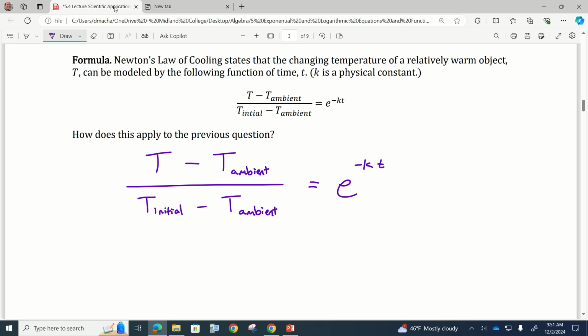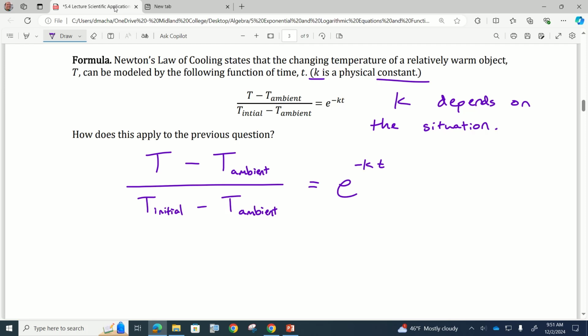K is a constant where this number just depends on the situation. What I mean by that is air might have a K value of negative 0.05, but water might have a really large K value, right?